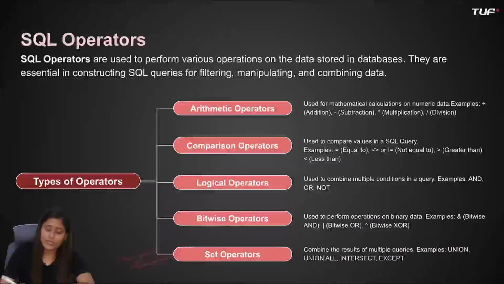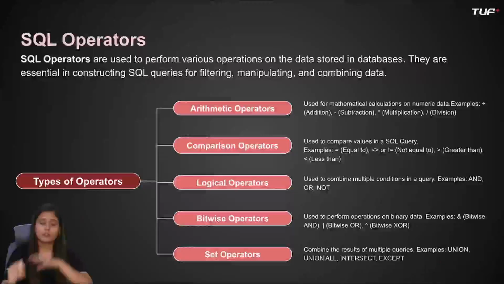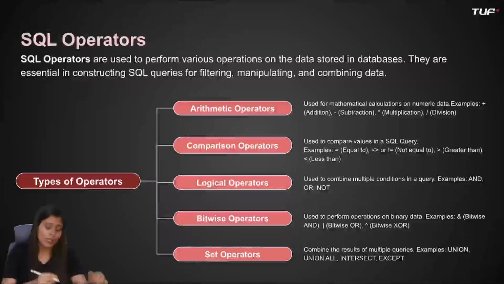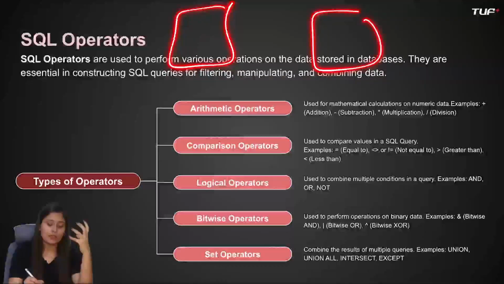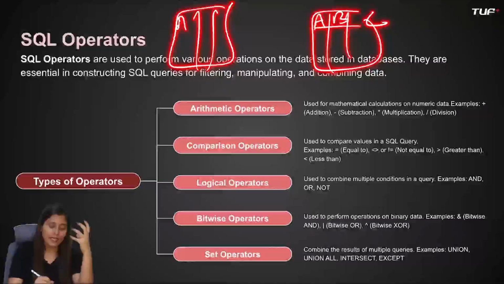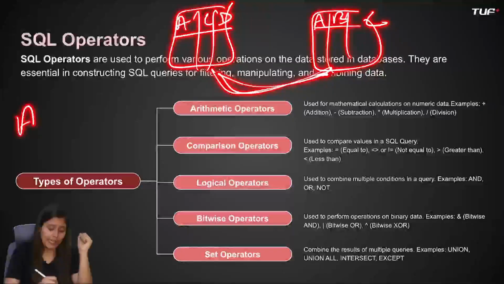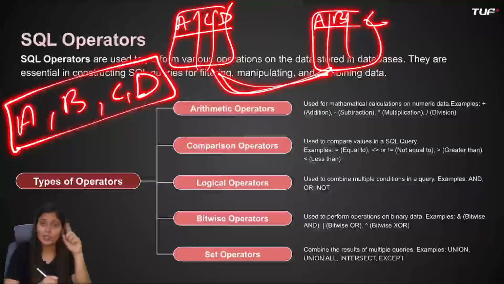Next is the set operator. So set operators are basically union, intersection or union all, for different types of data. When we apply these, we basically want to see the data as a combination of data. So let's suppose we have two tables, and we have different columns A, B, C, and here we have A, C, D. When we want union, union means A, B, C and D. So all columns will come but unique, not with duplicates.